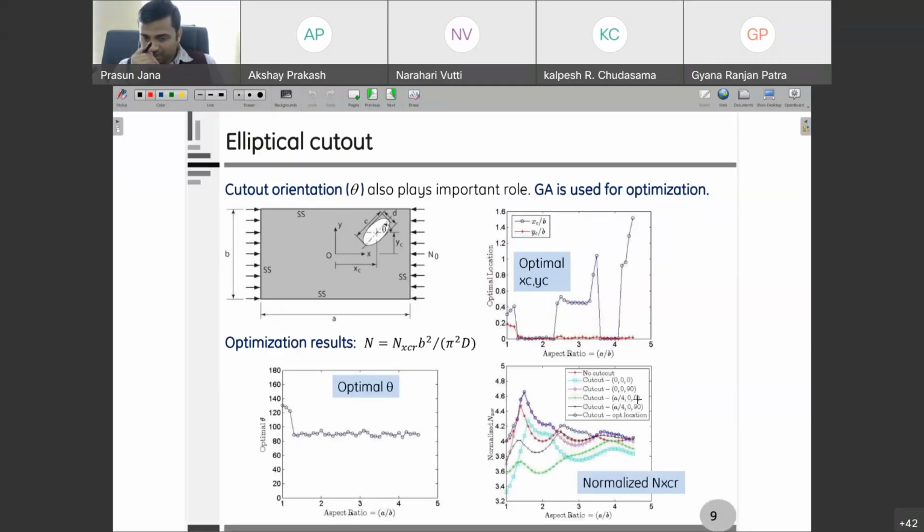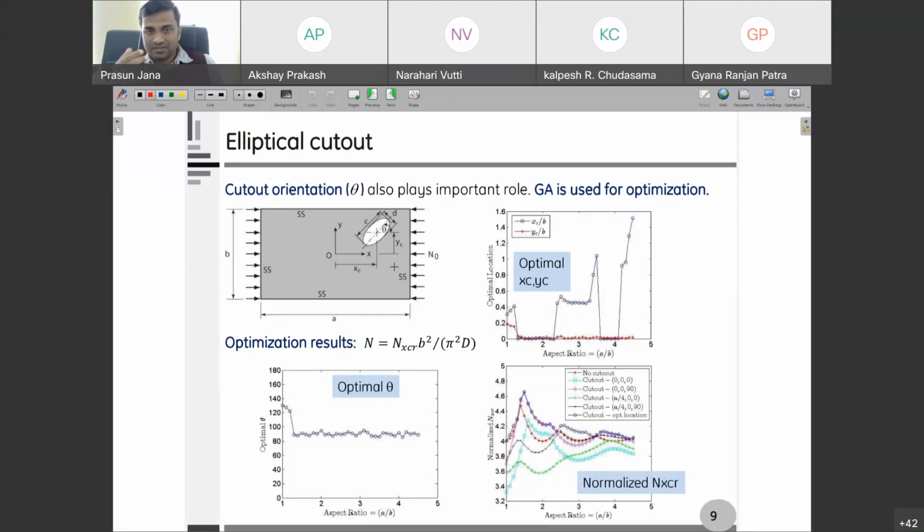And now, so far what I have mentioned is a circular cutout, but it is not always necessary that the cutout shape will be circular. In many cases we have seen different cutout shapes, and one shape can be an elliptical cutout, and there are some other shapes.